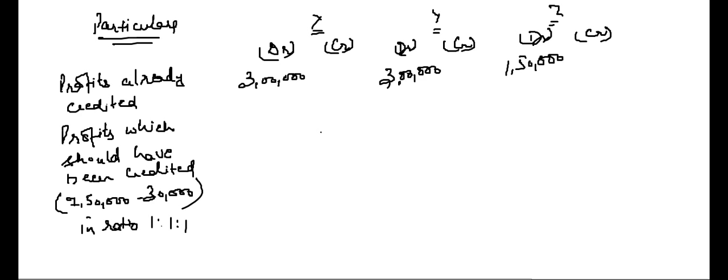So the profits credited will be 2,40,000, 2,40,000, 2,40,000. What is the net effect?